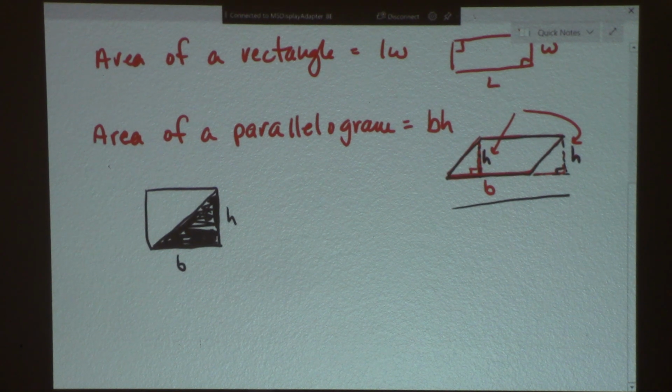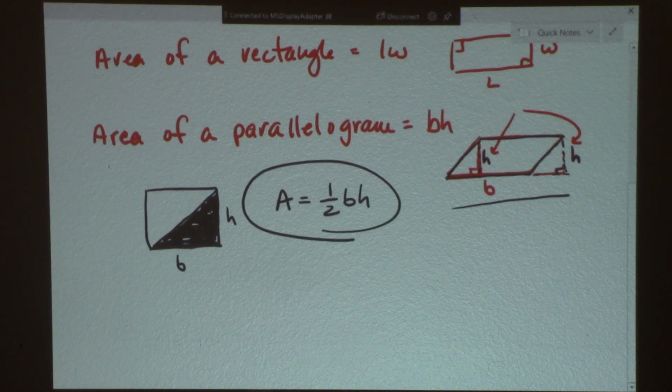To find that area would be half the base times the height, wouldn't it? Well, guess what? Look at what shape that is. That's a triangle. And what is the formula for a triangle? Half base times height. That's where mathematicians get these things.